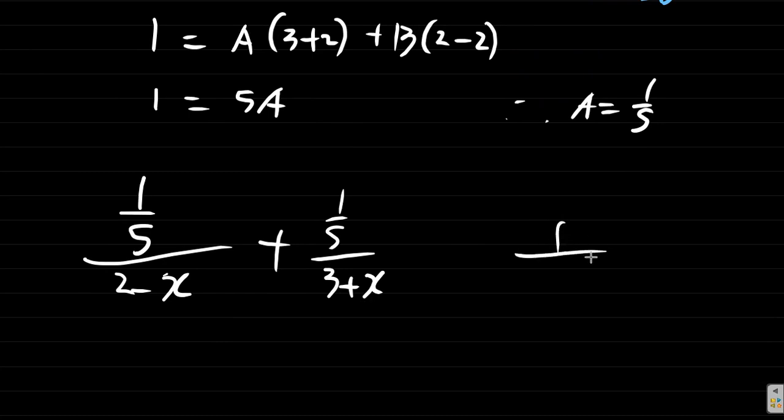You could write this as 1 over 5 times 2 minus x, and write it as 1 over 5 times 3 plus x if you want. But I'll just keep it like this for now.